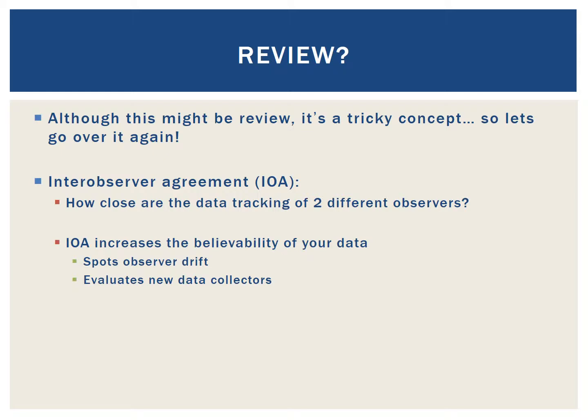Calculating inter-observer agreement at the beginning of data collection ensures that you have good definitions of behaviors, and you have a good procedure for recording data. Because it's reliable. Two independent observers are going to record the same thing or something very close to the same thing.